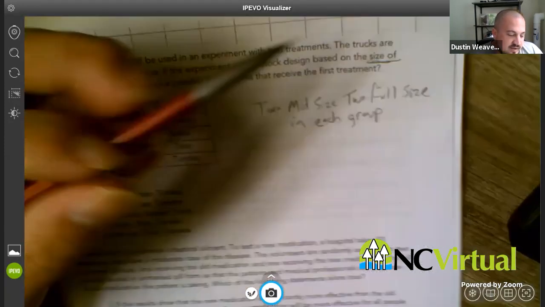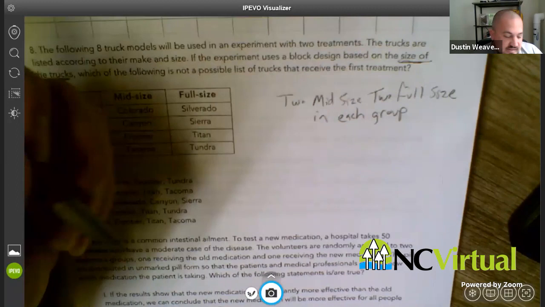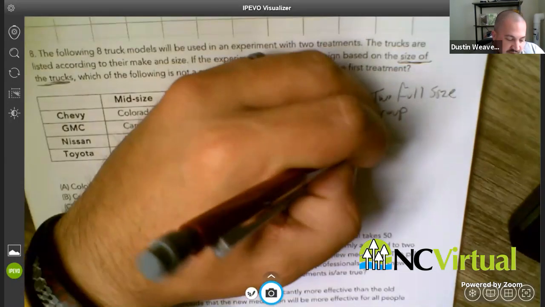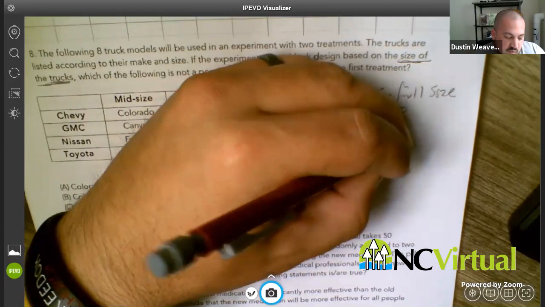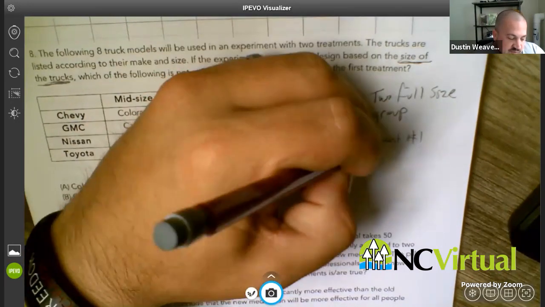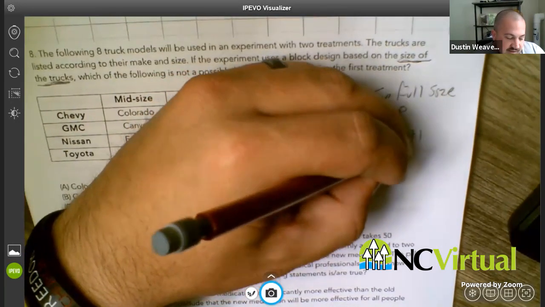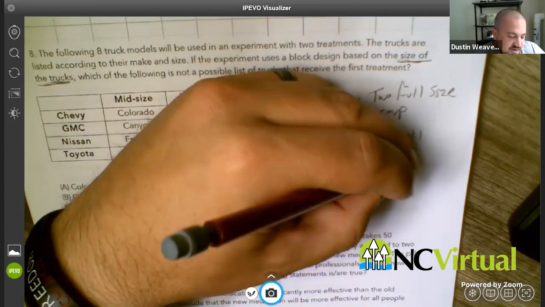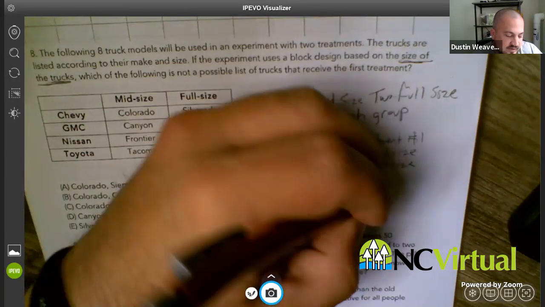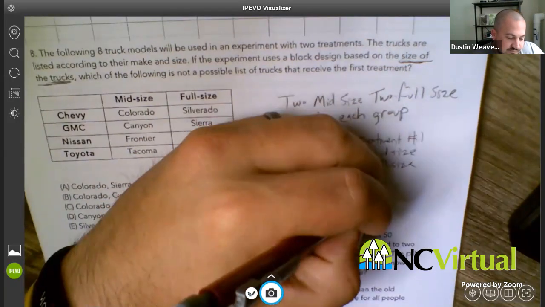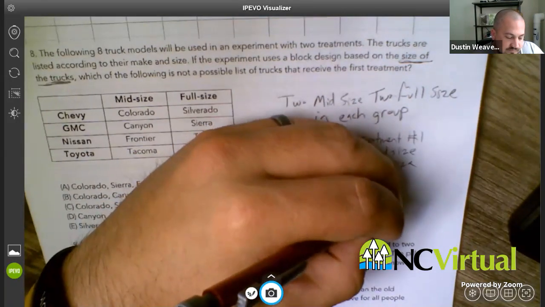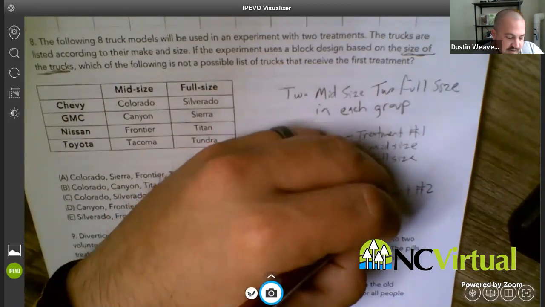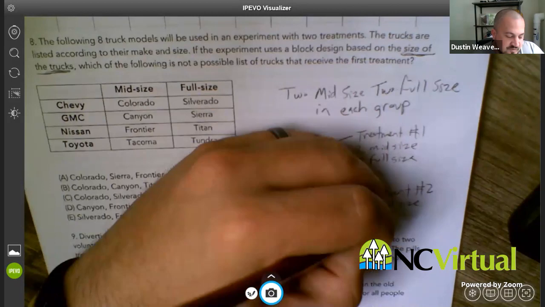Okay, so basically, if we're blocking based on size, then in treatment number one we should have 2 mid-size and 2 full-size. And in treatment number 2, we should have 2 mid-size and 2 full-size.